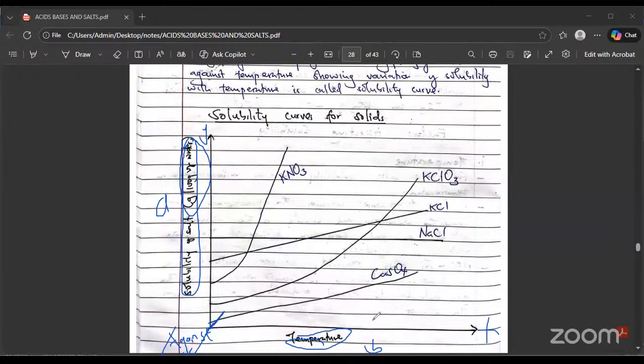Then the temperature. I didn't label the temperature because sometimes they give you degrees Celsius and sometimes Kelvin. So here you write degrees Celsius or Kelvin, depending on what you are given. But the most important thing is A against B, that corner is the against B.